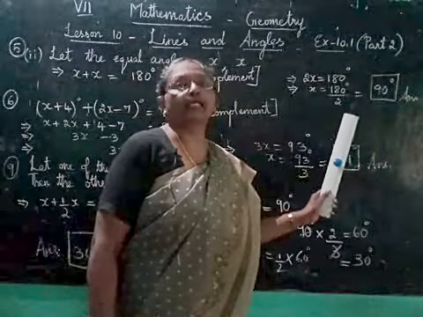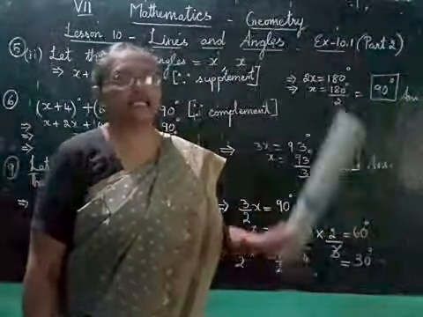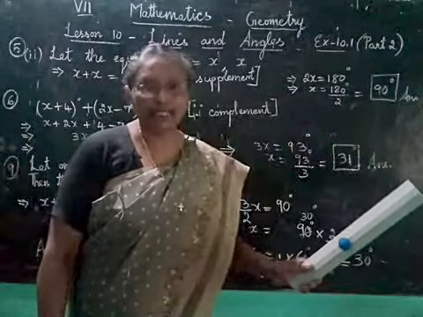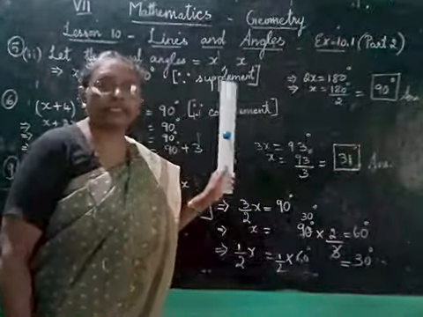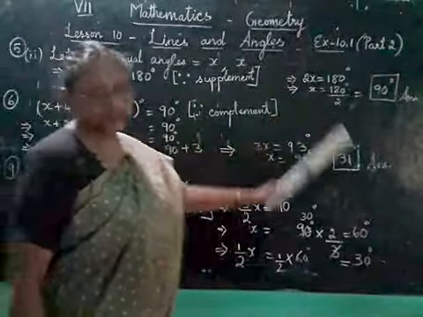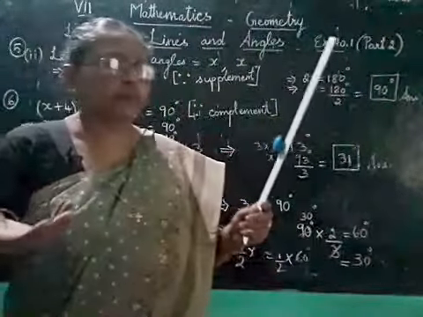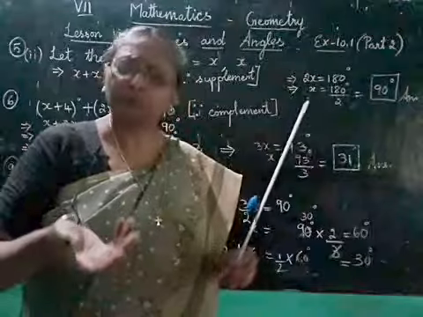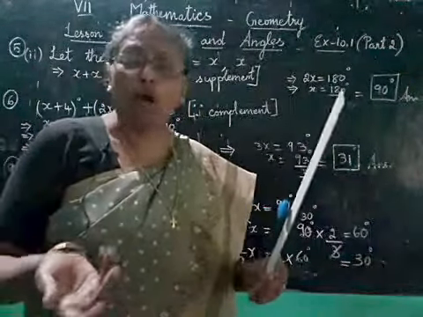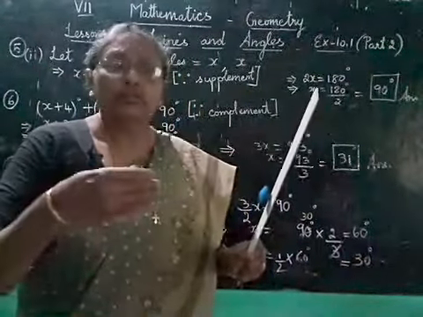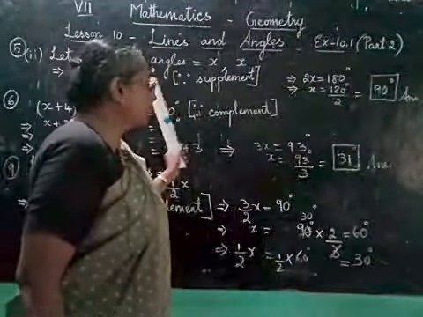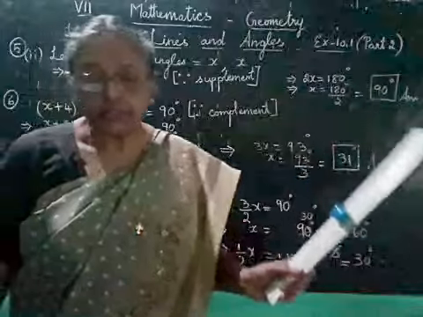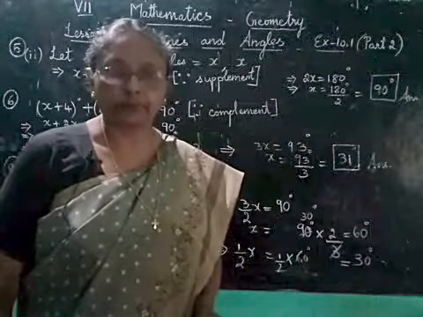And naturally you can see, if you add 90 and 90 together, you will get 180 degrees. So you can even find this out by ordinary normal method of thinking also, or you can find it out by using x also.